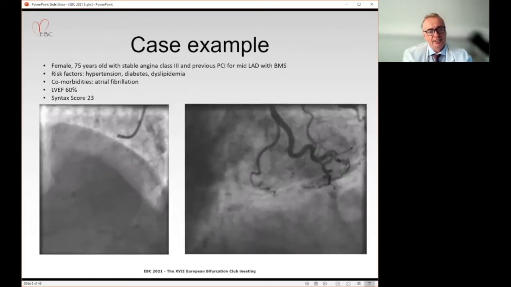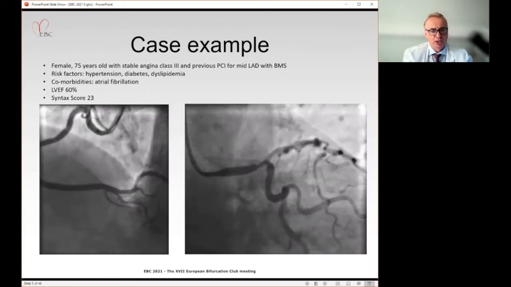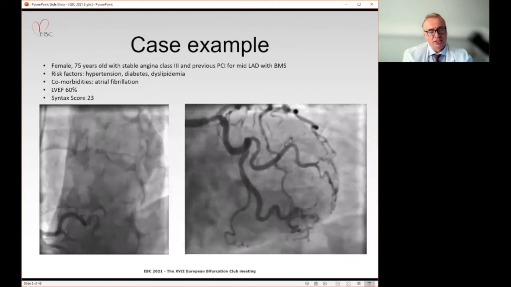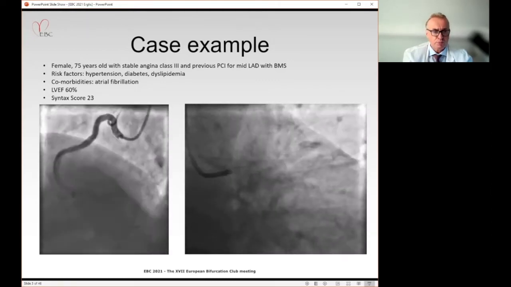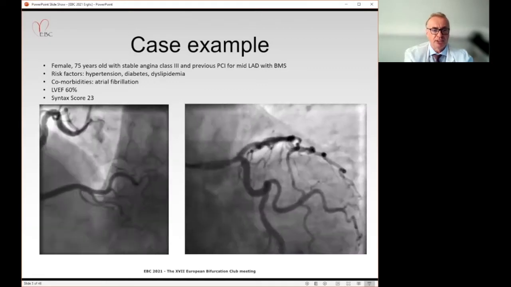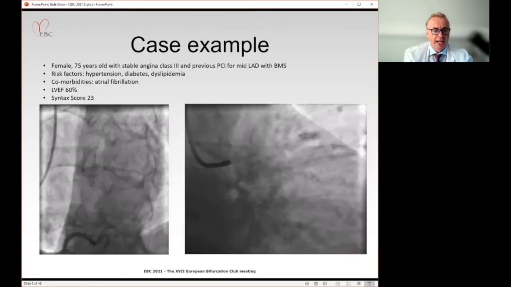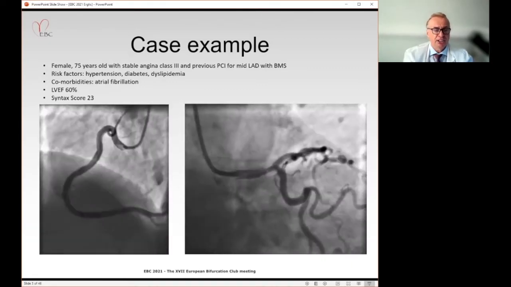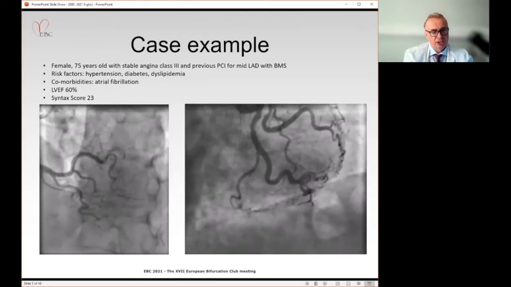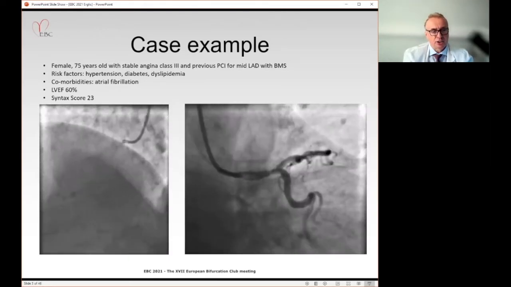And we have experience with several thousand left main cases with lesion preparation. Risk factors: hypertension, diabetes, dyslipidemia, and comorbidities: atrial fibrillation, left ventricle ejection fraction 60, and SYNTAX score 23.